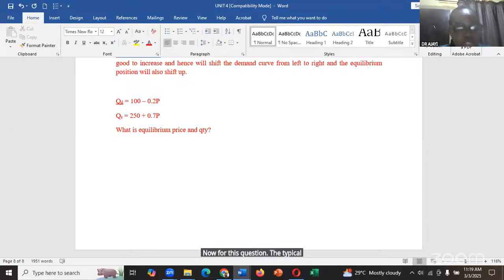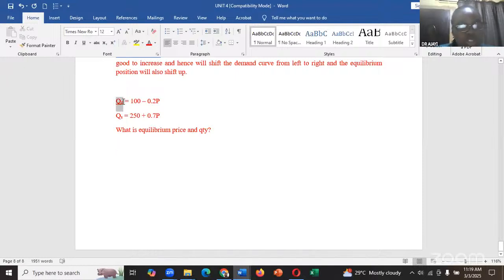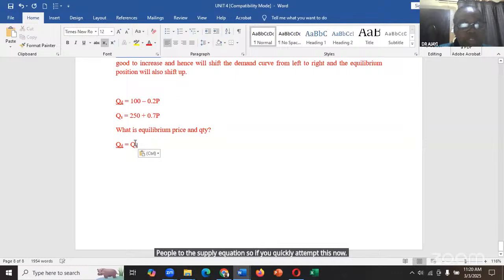Now for this question, the typical demand equation, what you just do is equate it with the supply equation. These are just hypothetical questions.